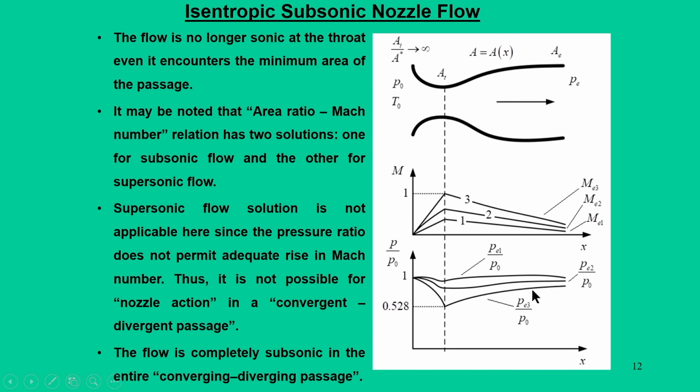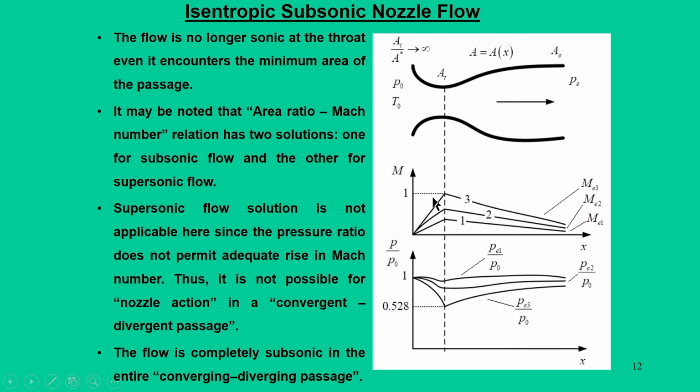Because of this, the Mach number increases to a sonic value, but after seeing the sonic value the flow again drops here, because this PE3 is not the value at which your isentropic relations have been established. So, this PE value does not fall into this.